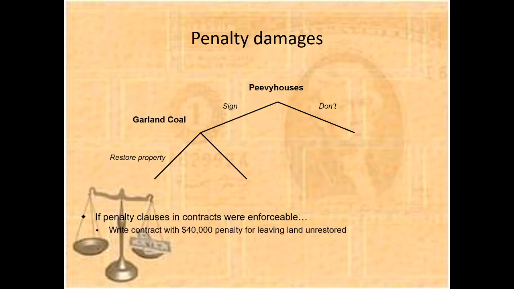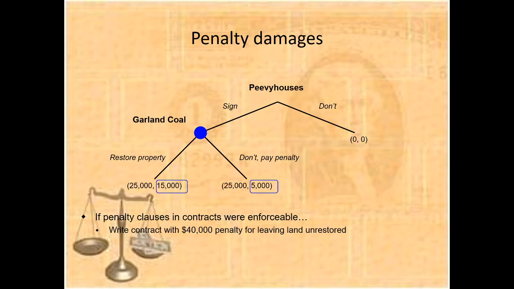So if the penalty clause in the contract were enforced, on the contrary, if we apply penalty default, the picture changes completely. That is, write a contract with a 40,000 penalty for leaving land unrestored. If you do that, then that is going to have a positive effect. Garland Call is going to gain.